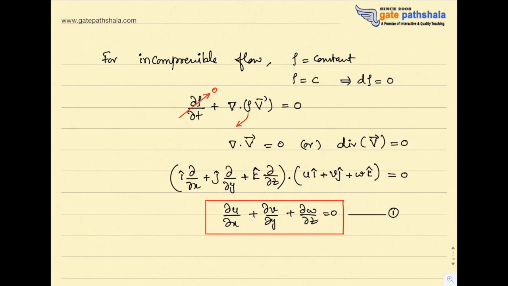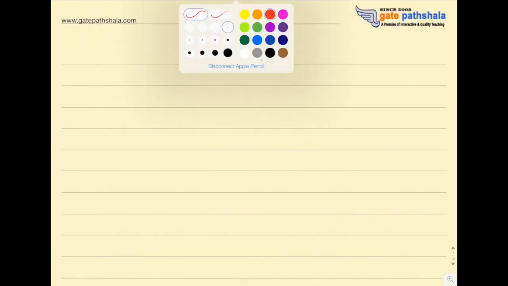It's applicable to incompressible 2D flows. So for 2D incompressible flows, the continuity equation reduces to dou u by dou x plus dou v by dou y equals 0.